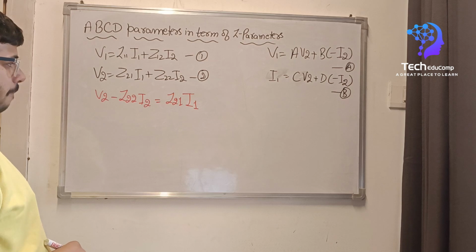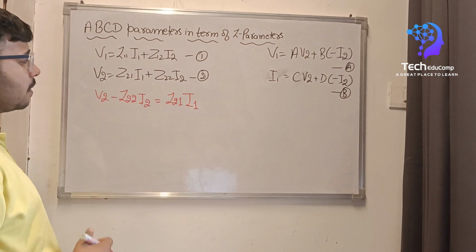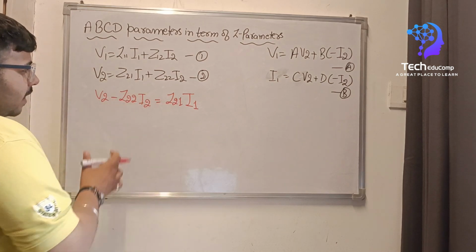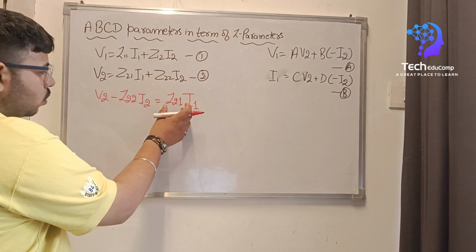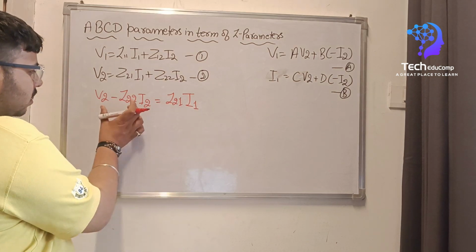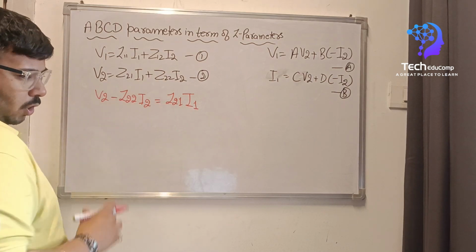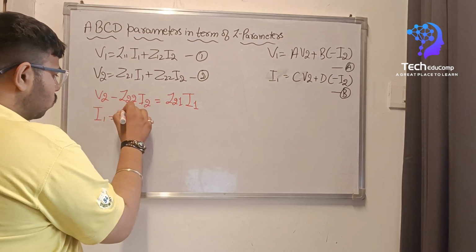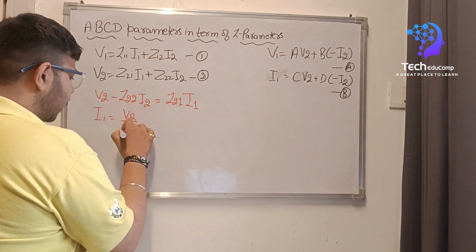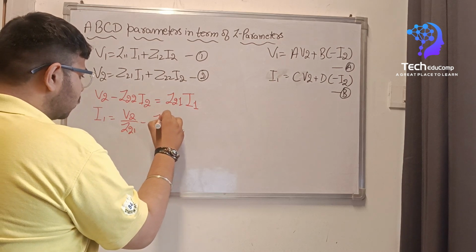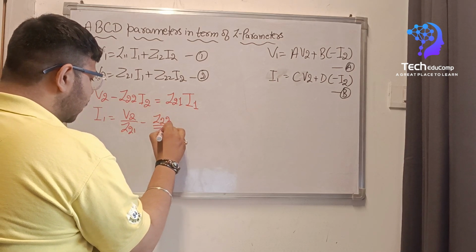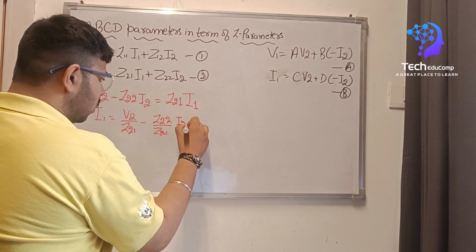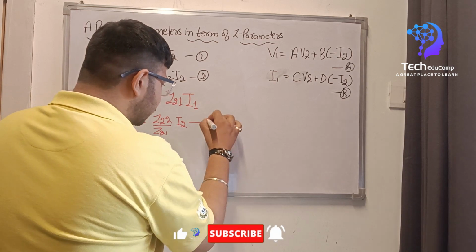Then the next step: I will divide by Z21. So I1 will be equal to V2 by Z21 minus Z22 upon Z21 into I2. So this will be equation number 3.